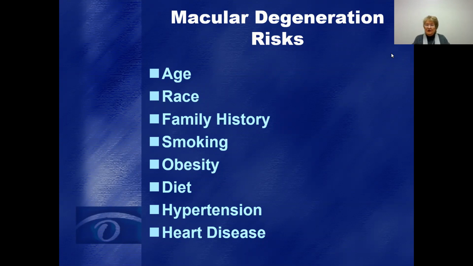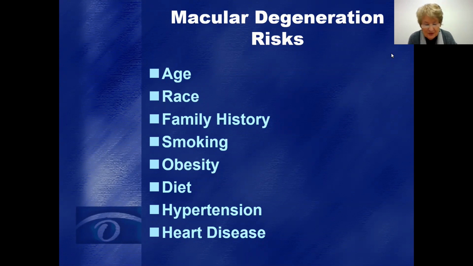So look at some of the other risks: smoking, obesity. Again, the retina needs a lot of oxygen to exist. Smoking, obesity takes away some of the oxygen and lowers the oxygen flow to the eye. Diet, very, very important.